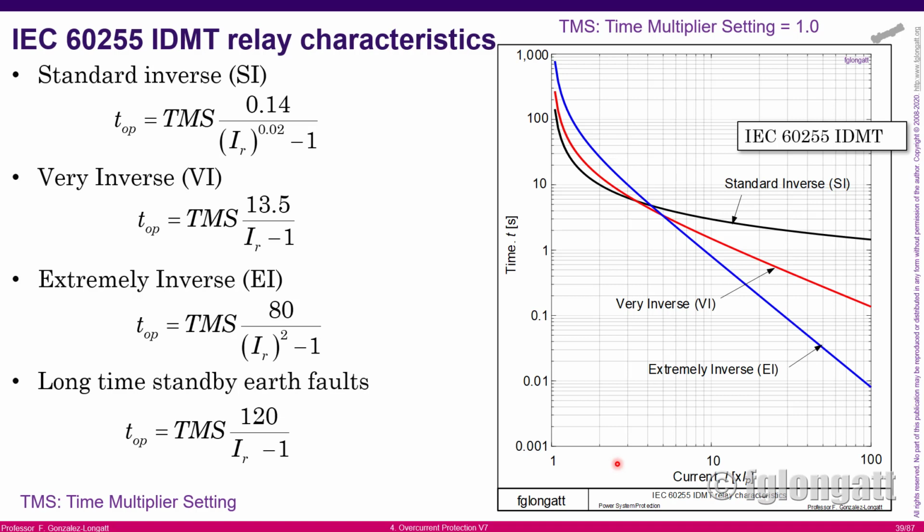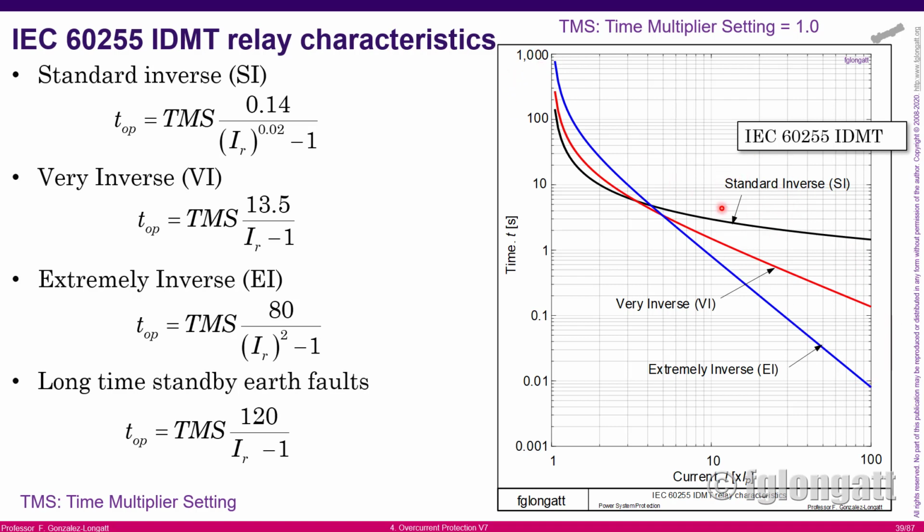If we are using the IEC 60255, the characteristic can be plotted in a time current plot, and what you can see is the following. All those curves have very different time current curves. Some of them will work very, very slow for low currents, and then they will work extremely fast for high currents. The difference between low currents and high currents in operational time is big.